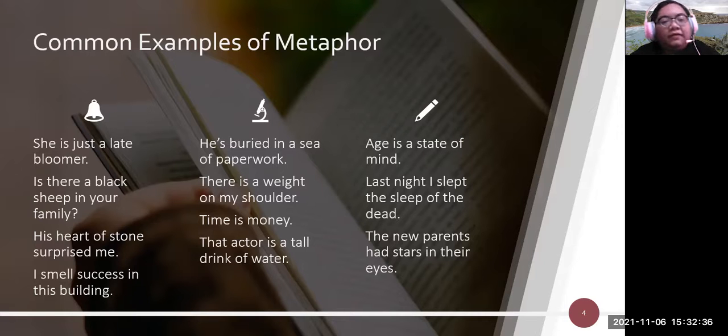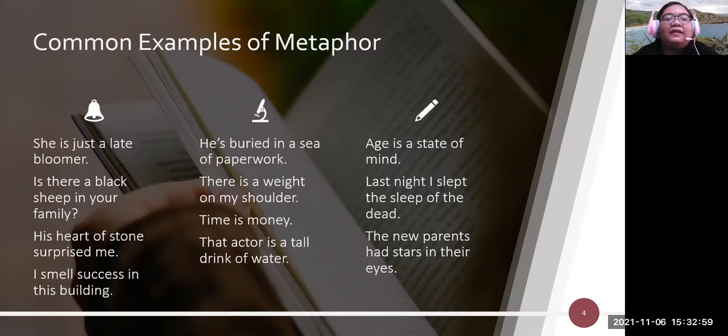Okay. All right. He's buried in a sea of paperwork. Okay. I guess most of you would understand this, isn't it? We have been buried by a sea of paperwork since the start of COVID. We have been doing this and that, it's like a sea of work, basically, not just paperwork.